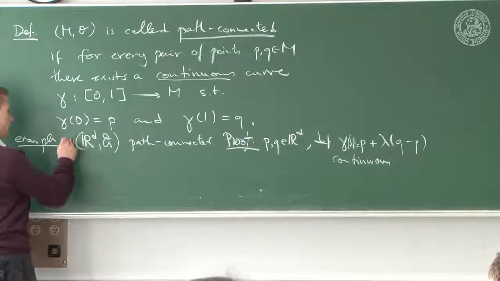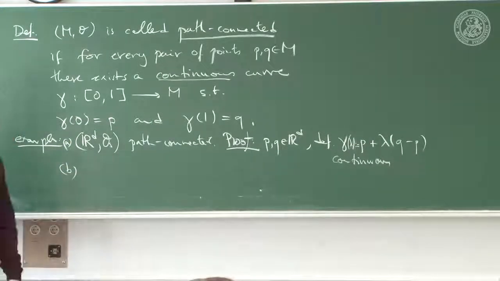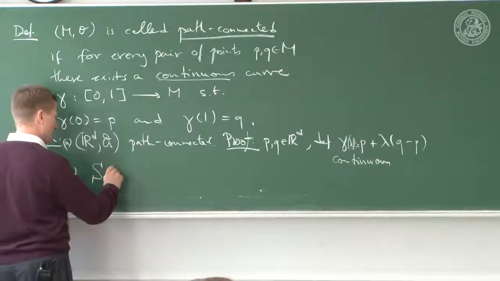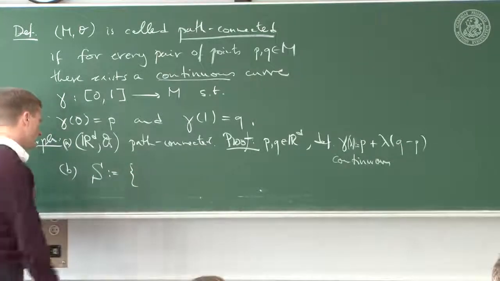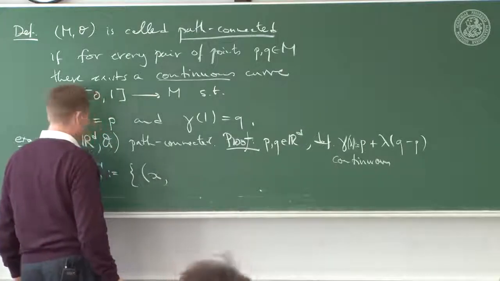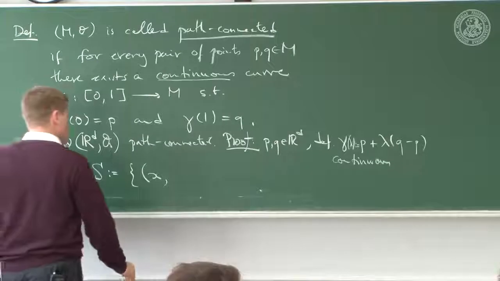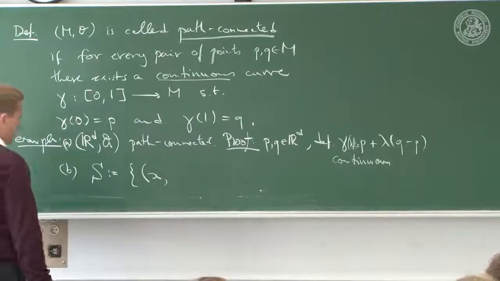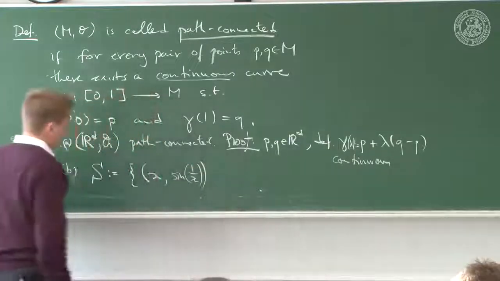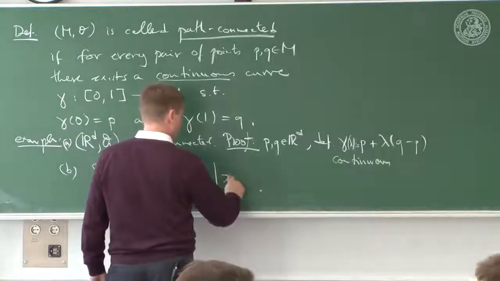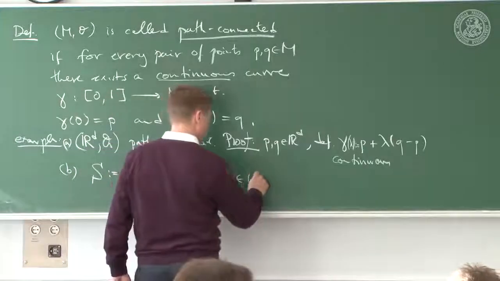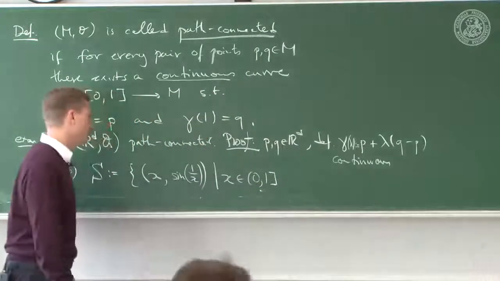It's the first example. The second example, for a not path connected space, one has to work a little harder. We define the set S. How does that look? That's a graph x, 1 over x. No, hang on, that's sine of 1 over x, and the x comes from the interval (0, 1], but the 0 is excluded.